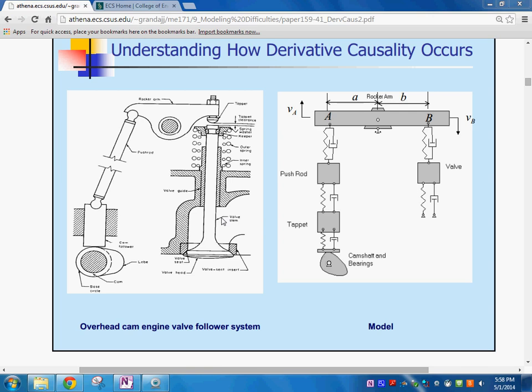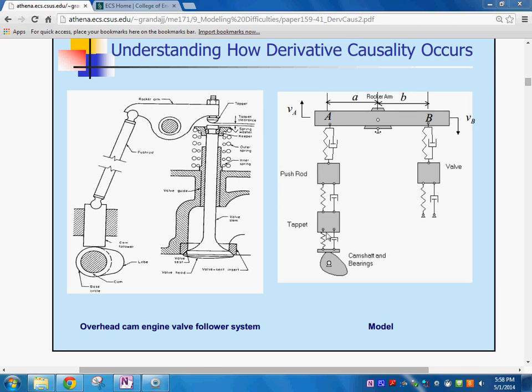So here on the right hand side, you have the representation, or you may say the idealization in engineering terms, of elements that we are familiar with to model the real system.